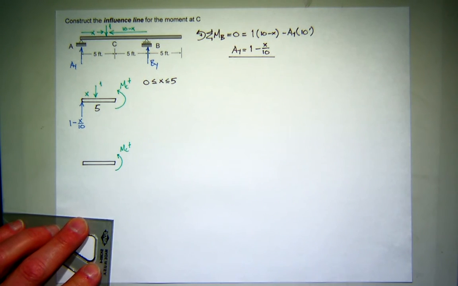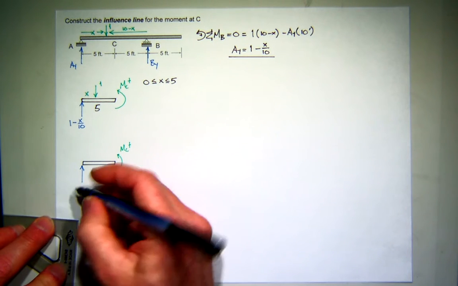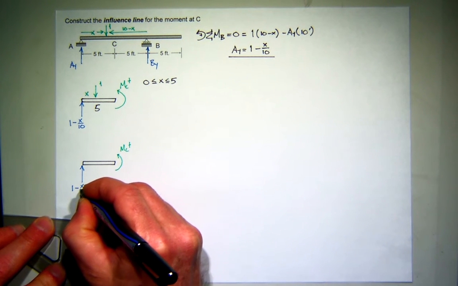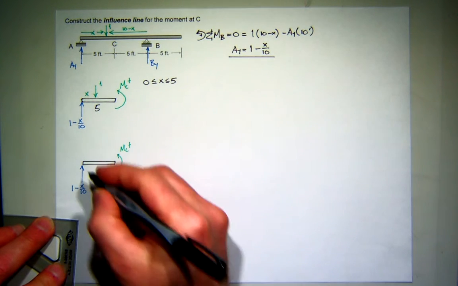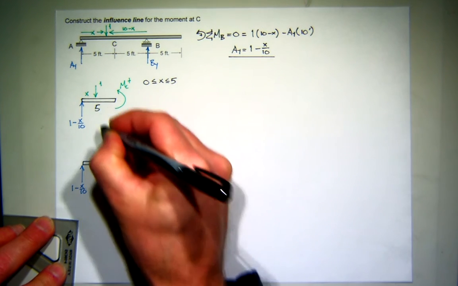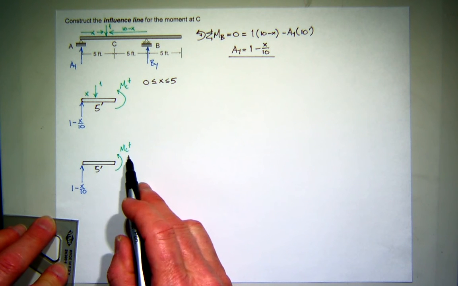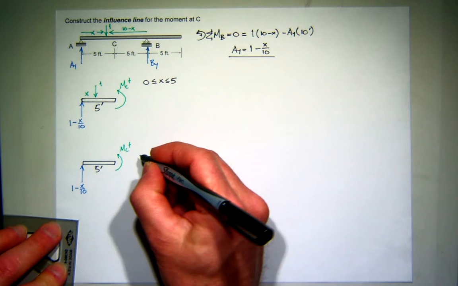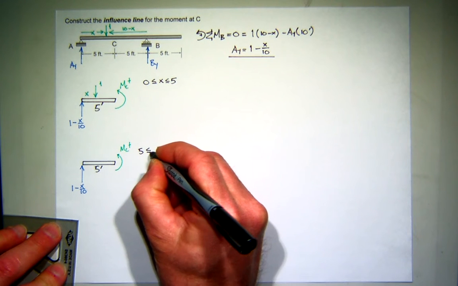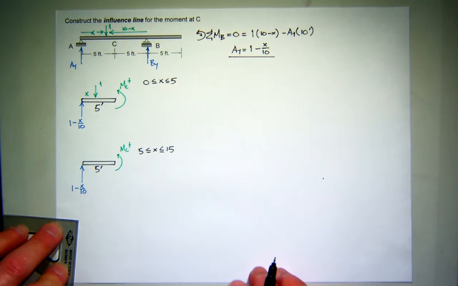I still have my influence line for the reaction at A, and this thing is still 5 feet, except the unit load has now moved over here. It's operating between 5 and 15, which is not on this free body. So I'll label this one as being valid from 5 to 15.